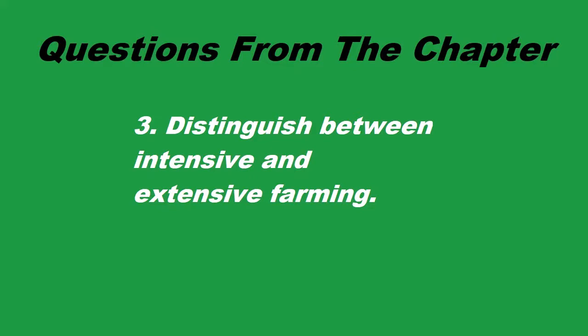Second, in intensive farming, the land holdings are small, while in extensive farming, the land holdings are large. In intensive farming, the farmers use simple tools and abundant human labor, while in extensive farming, the farmers use machines instead of human labor.